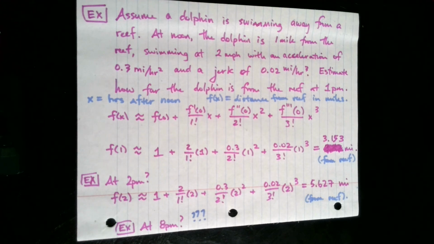But at the very least, while yes, the Taylor polynomials and their predictive power is somewhat limited in their scope, there is the ability to get a really nice estimate for particular values off of a function, or in this case, the prediction for where our dolphin is going to be using our Taylor polynomial.